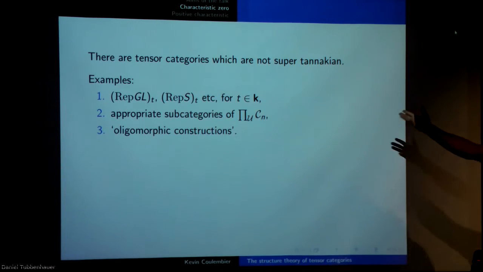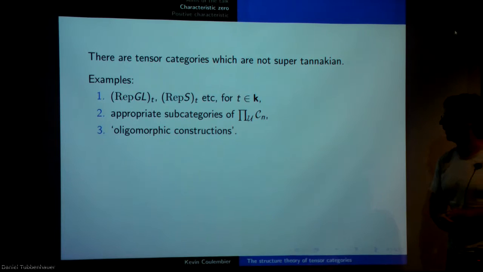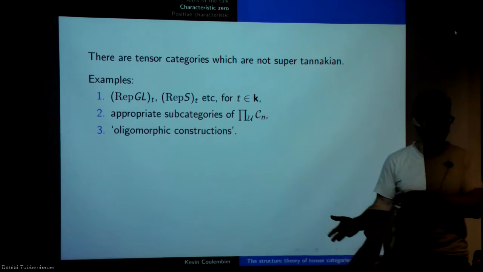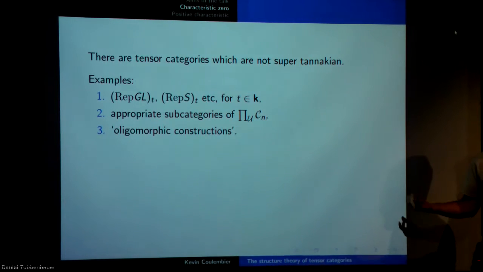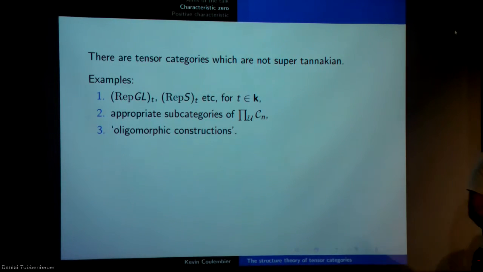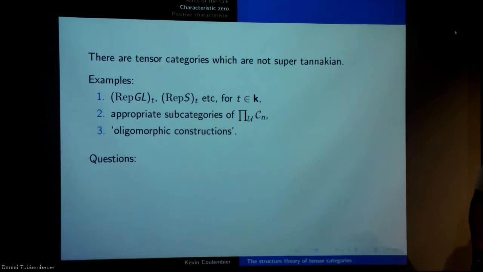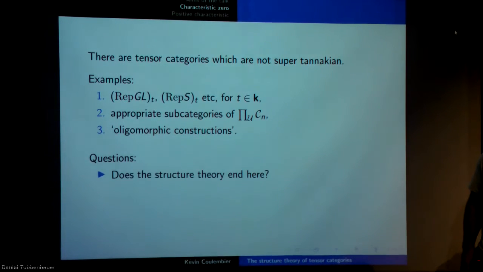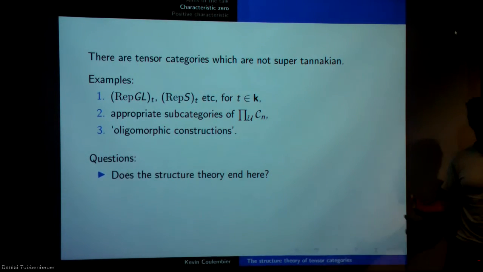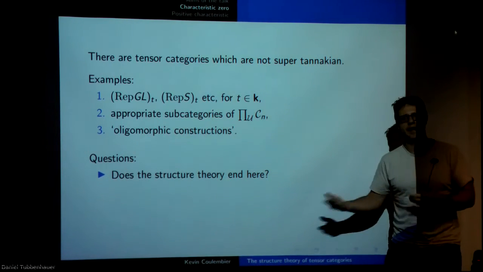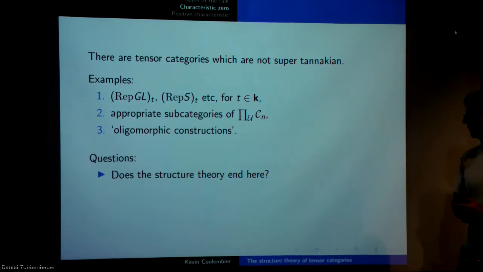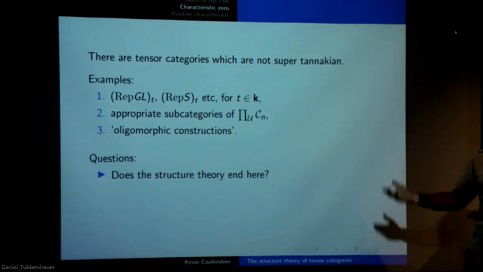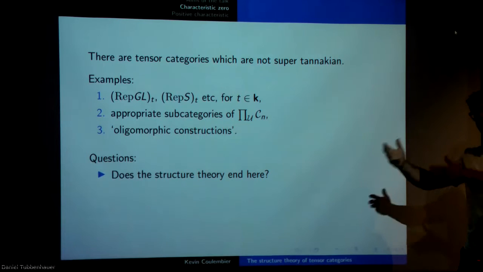So there is still a lot going on there, and partly motivated by that, and also partly motivated by some new insights which come from positive characteristic where things are more complicated, I think it's actually a relevant question to ask, does the structure theory end here in characteristic zero? Because that's typically how this is presented, for instance, by myself. As you know, in characteristic zero, you have Tannakian, super exponential growth.